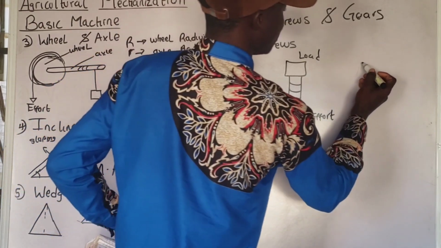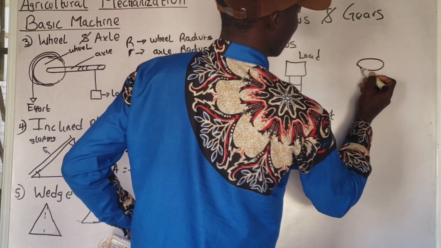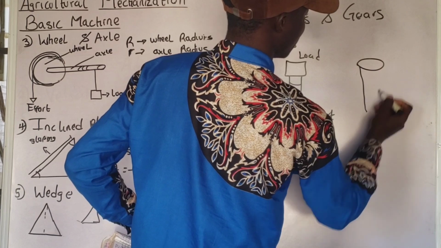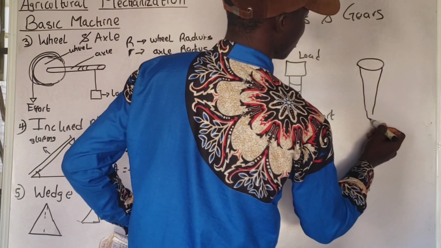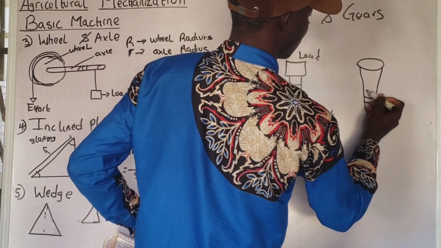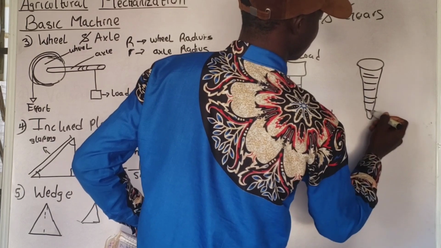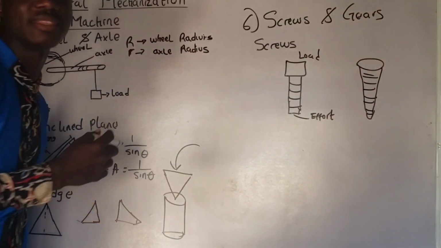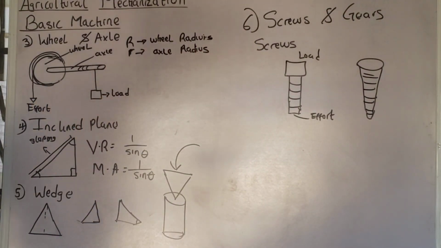Let me do another screw. Let us have another screw here. Now, don't forget the function. We define screws as a basic machine that converts rotational motion to linear motion.